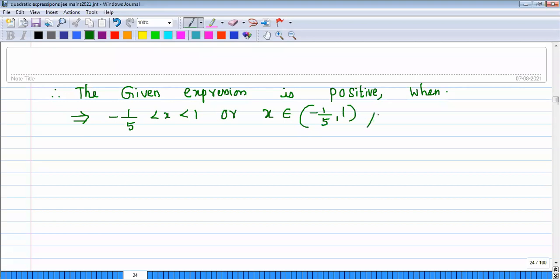Both ways you can write it. It's completed. When the expression is negative, x is less than minus 1 by 5 or x is greater than 1.